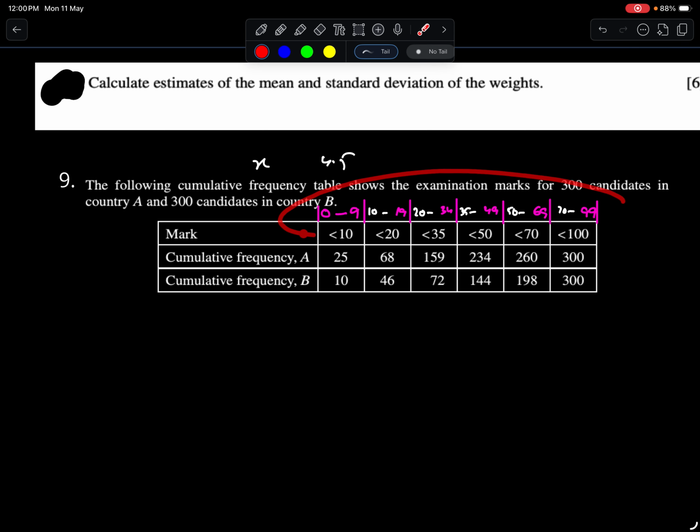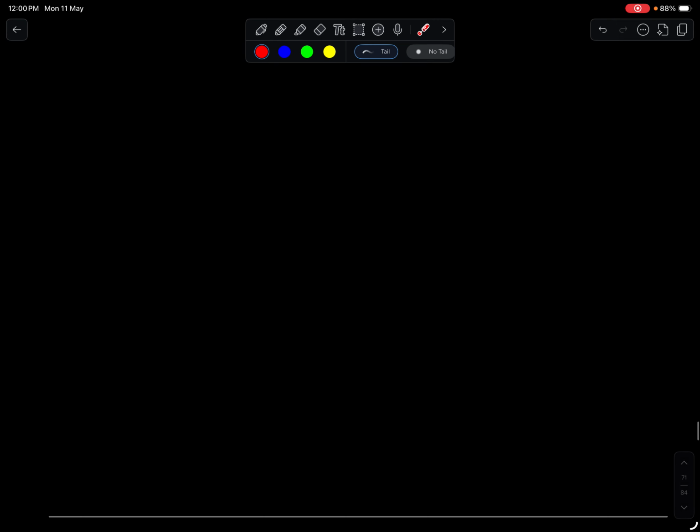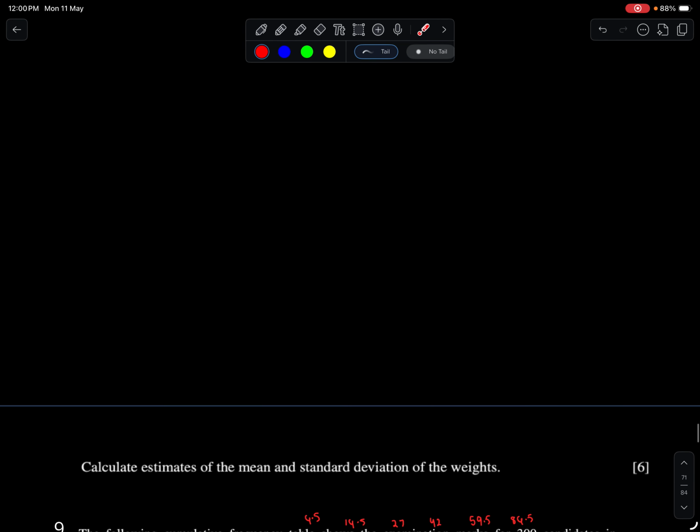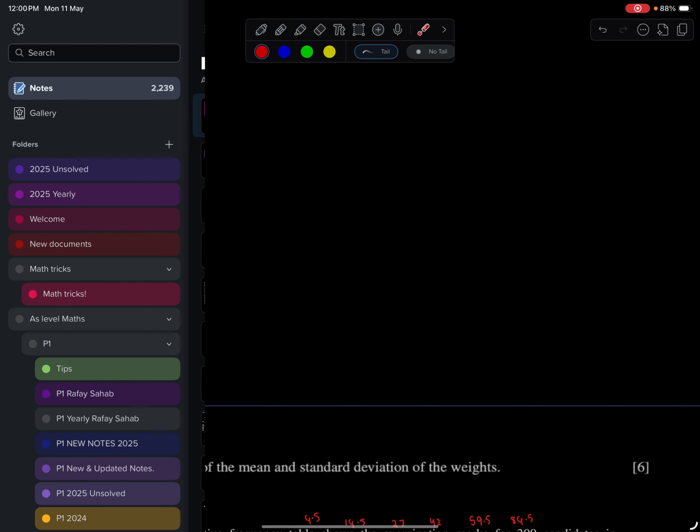And why do we construct frequency distribution? We construct it for the calculation of mean and standard deviation. Now take the average of these two for mid values. Alright, this is done.